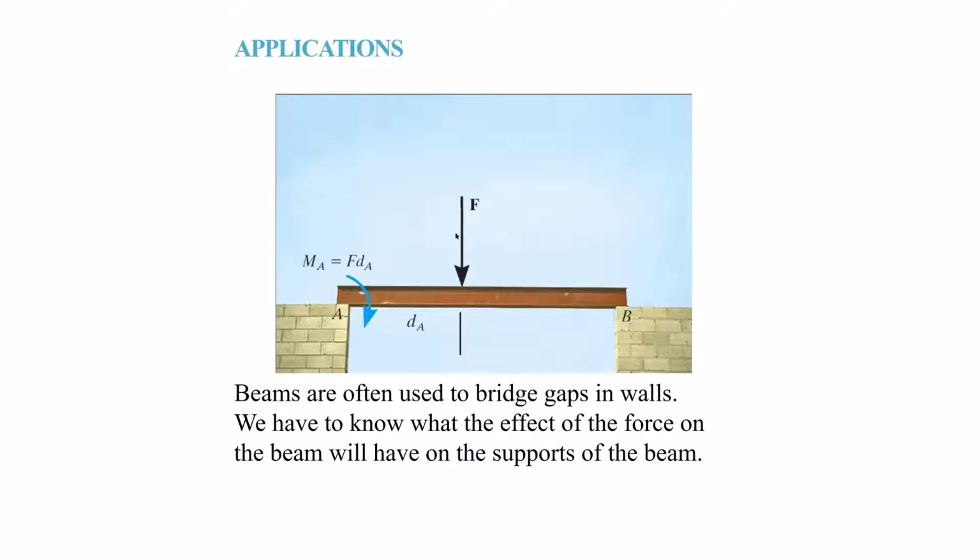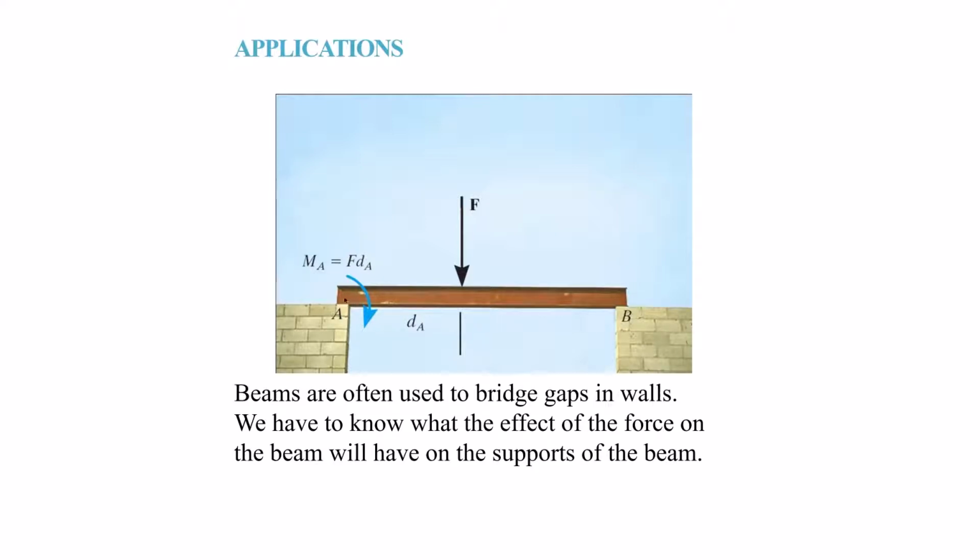So that would give us this F times dA, which is from here to here, and that would give us a number. Now, this thing is in equilibrium, or we assume it's in equilibrium, so we would have to have the summation of all the forces equal to 0. Whatever rotation about point A this force would cause, acting at this distance, has to be counteracted by something else.